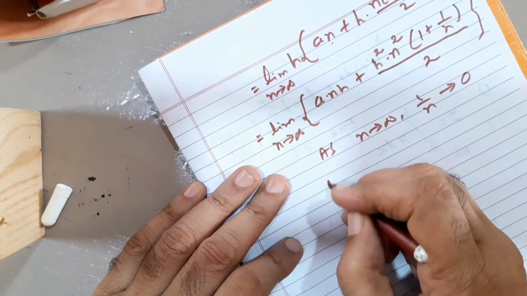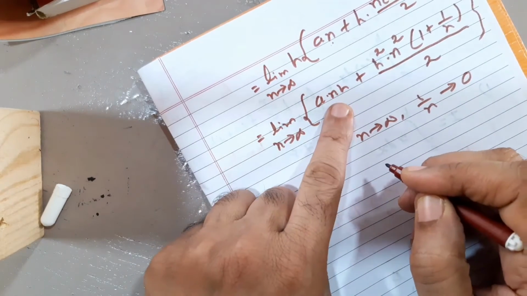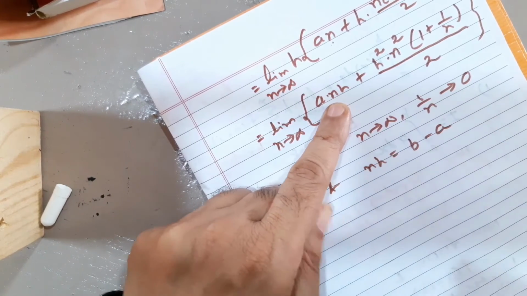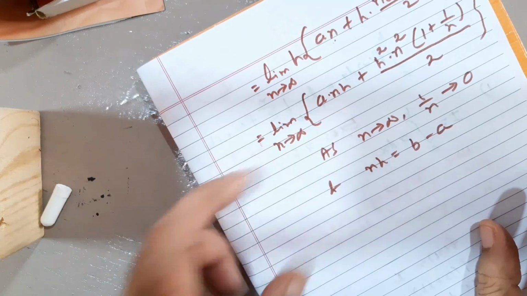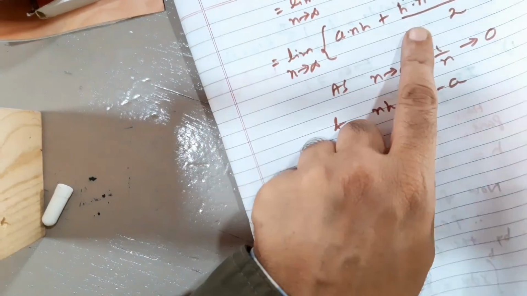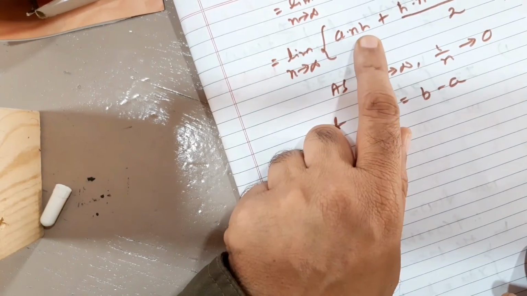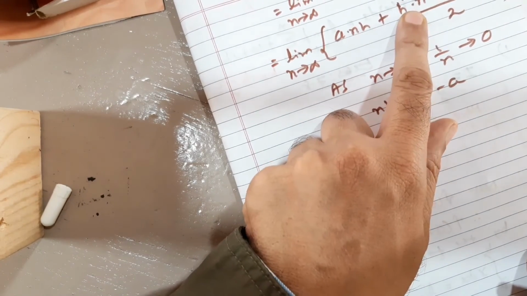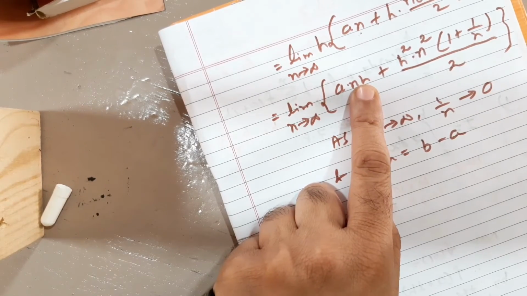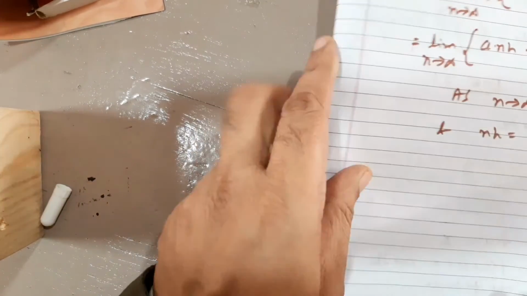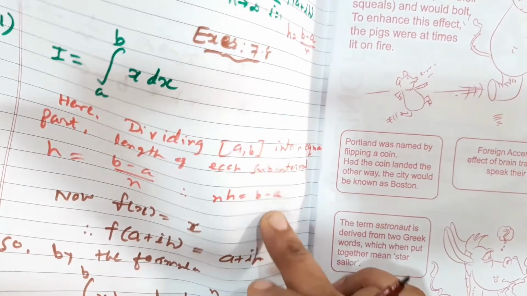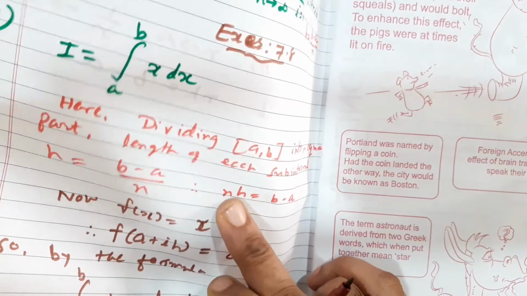And also in the last lecture you know nh equals b minus a. Remember the whole theory of the last lecture? nh equals to... You may think that here both n and h are there, and here also both are there. Just now you said either write everything in n or in h, so here both are there, but why is it kept? Because you know that nh equals b minus a. Can you see this? nh equals b minus a.